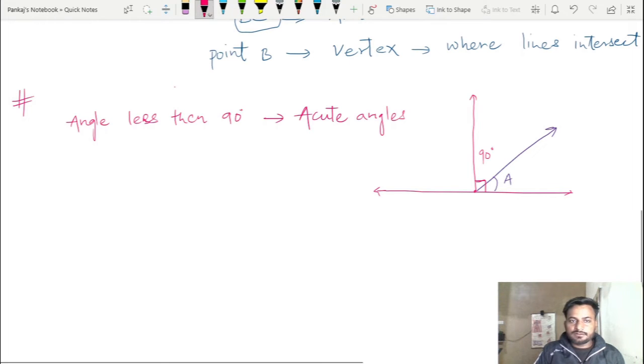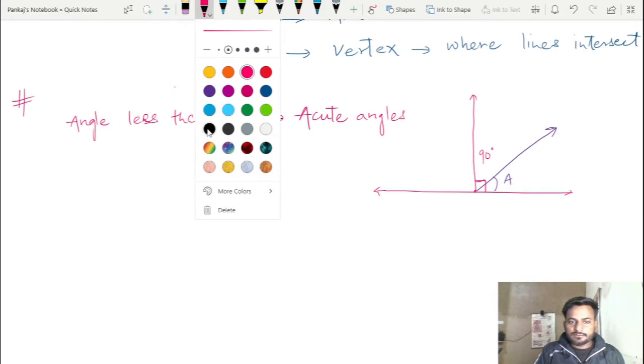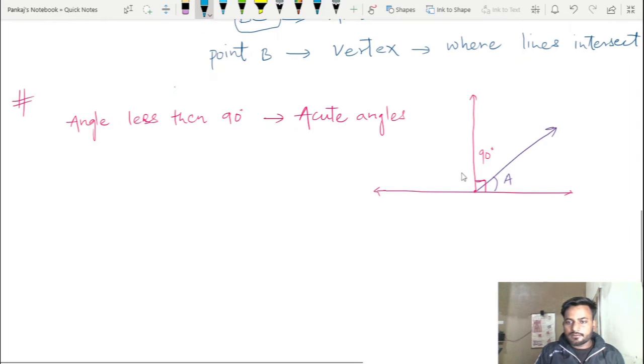And some more, for example this one, let's say angle B. Angles greater than 90 degrees and less than 180 degrees are called obtuse angles.